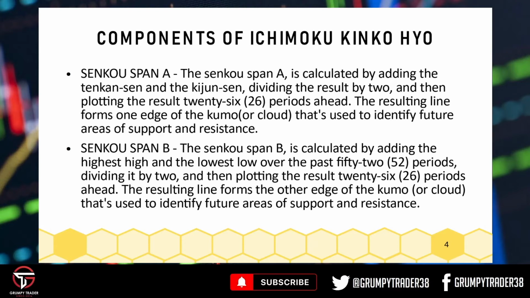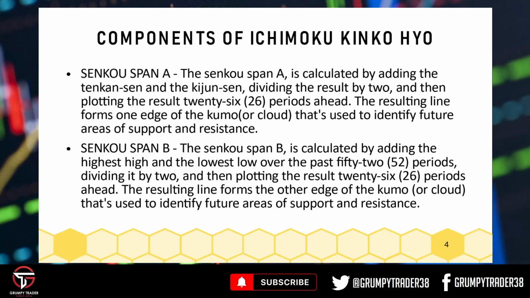So, para mabuo yung cloud or yung kumo na isa sa mga prevailing features ng Ichimoku, it takes both Senko Span A and Senko Span B, and you can see how they're calculated differently. So again, Senko Span A takes yung equilibrium, kumbaga, na hinahanap ng both Tenkan-sen and Kijun-sen and finds the equilibrium of the two of them.